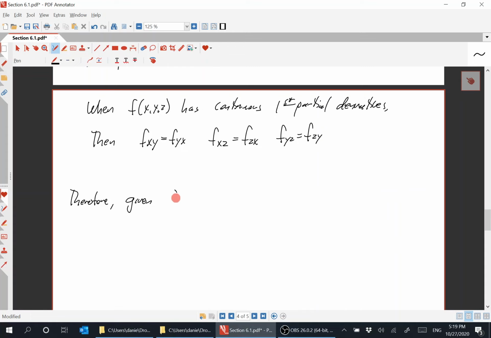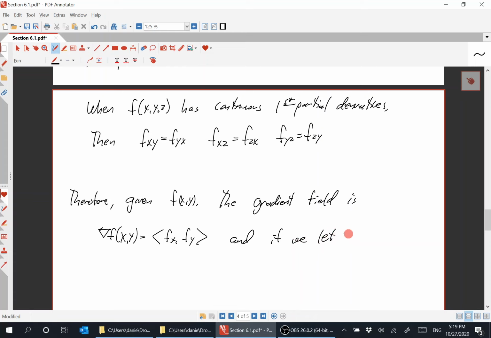Given a function f(x,y), the gradient field is, right, and if we let P comma Q equal fx, fy, then the derivative of P with respect to y is fxy, which is equal to, by Clairaut's theorem, fyx, which is equal to Qx.